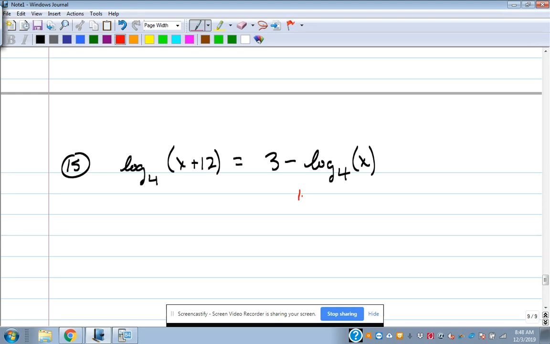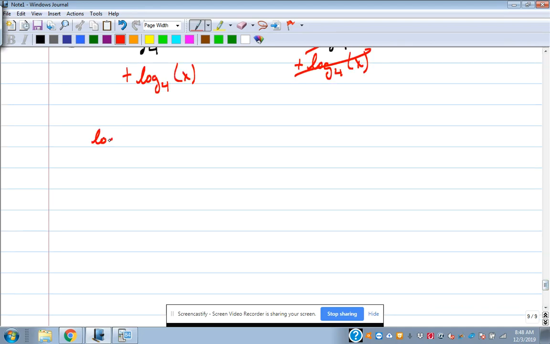So if I add log base 4 of x to both sides, then that will be log base 4 of x plus 12 plus log base 4 of x equals 3. All right, then that property says I can condense that down into one log, log base 4 of x squared plus 12x.